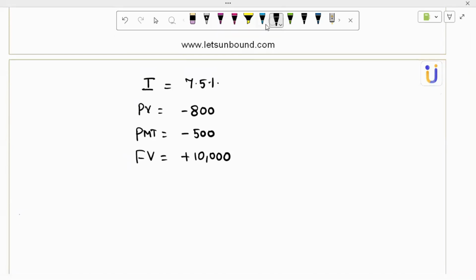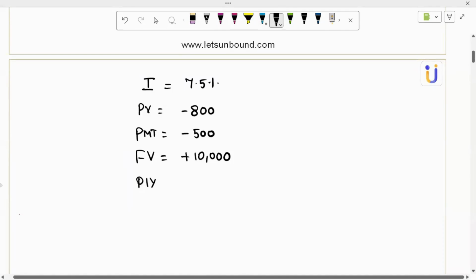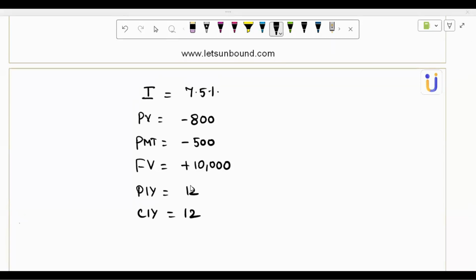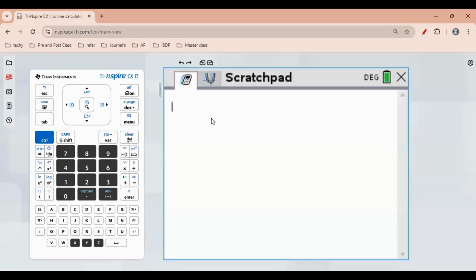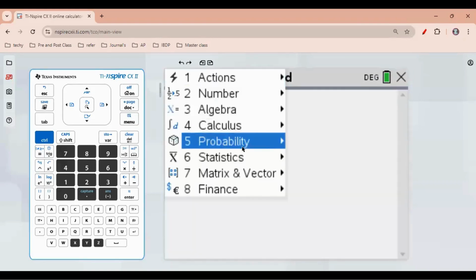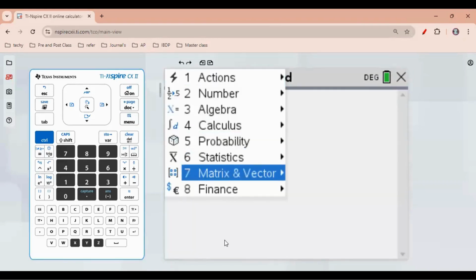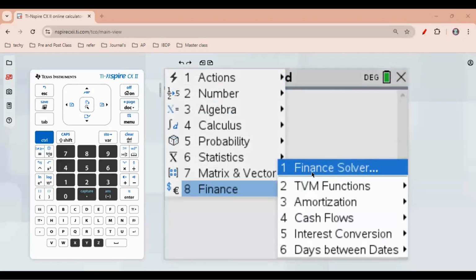Then other things we need to know. Payments in a year, 12 payments, compounded monthly, and compounded how many times? 12 times, right? Having this, we can use the finance calculator in our graphic calculator. So moving to the calculator page, go for the normal scratchpad calculator, and then in your menu, search for finance, and finance solver is what we will take.